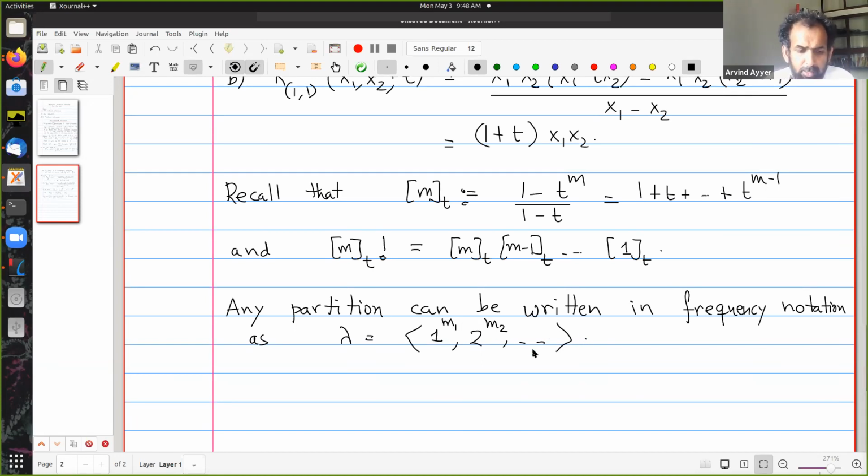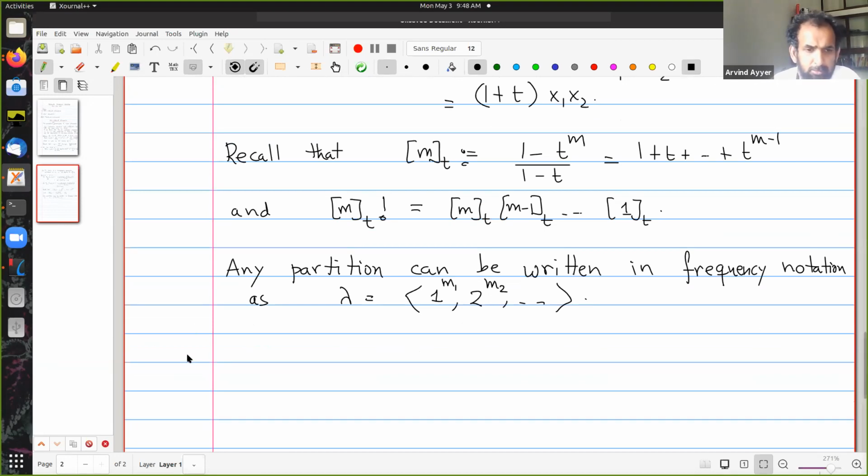Okay, so then let v lambda of t be the product over i greater than or equal to 0 of these multiplicities.